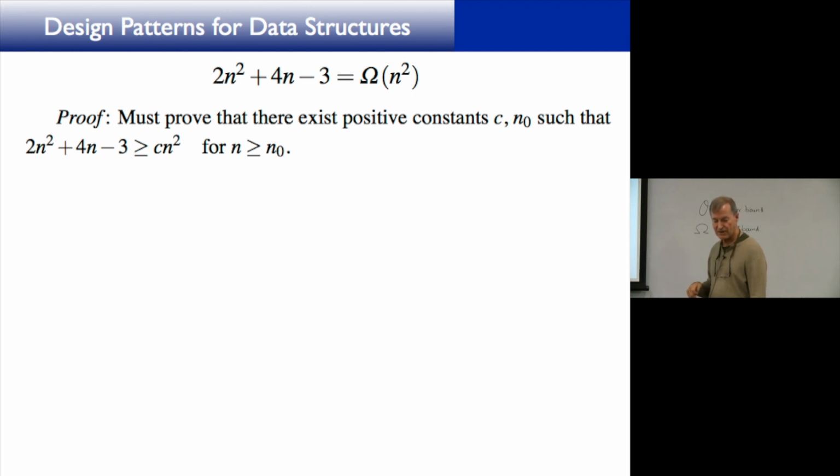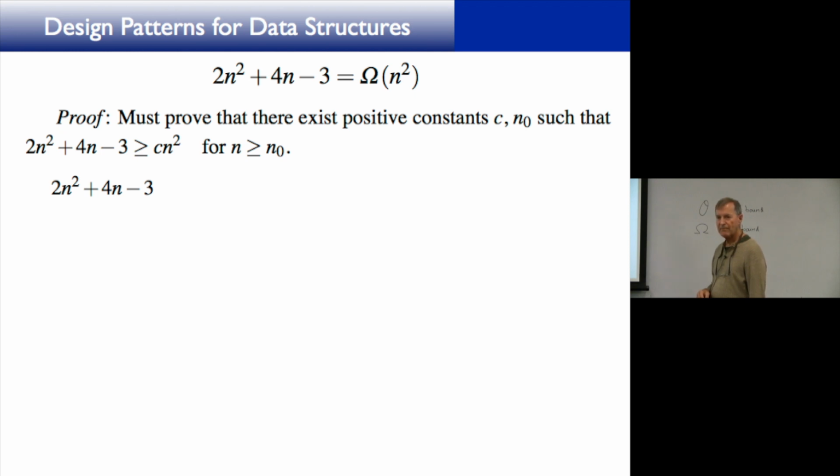And which side do we start on? The left. We're trying to get this to be greater than or equal to cn squared. So how can we do that? What can we do with this negative 3? Yeah, we can make it more negative.